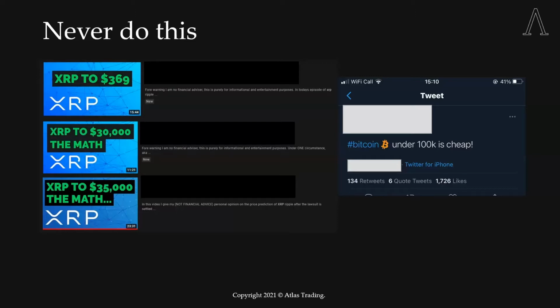I think it could go higher, but I would never blatantly say something so ridiculous as Bitcoin under 100K is cheap, because it just emits a completely wrong message, and it takes away from the legitimacy of a token price, and the foundations that price is built on, which is the market cap and the supply of the token.